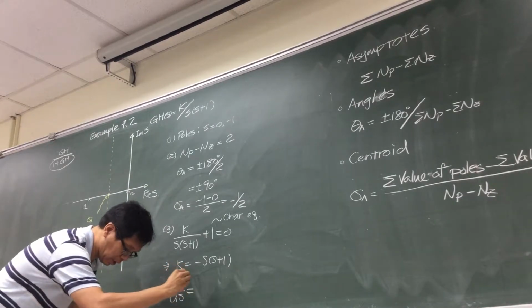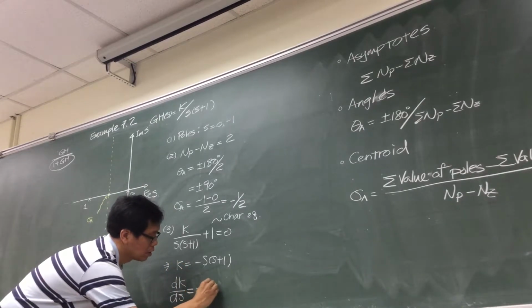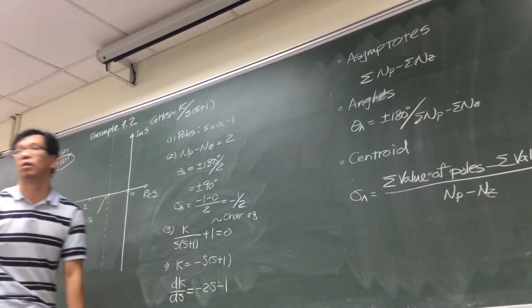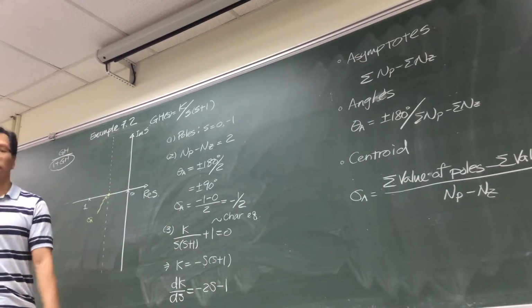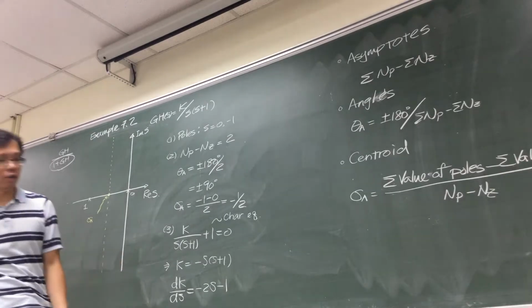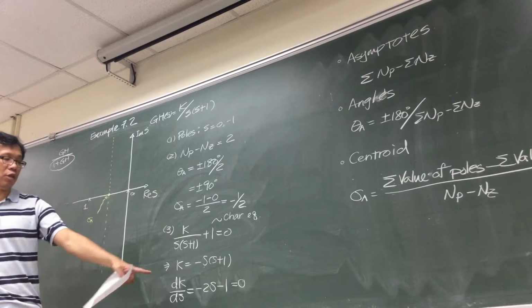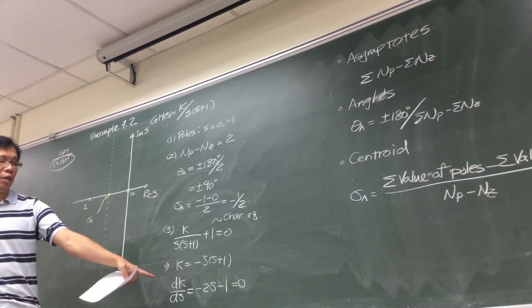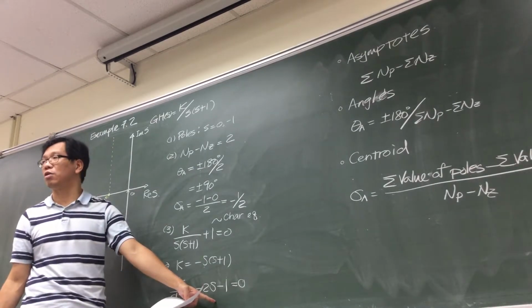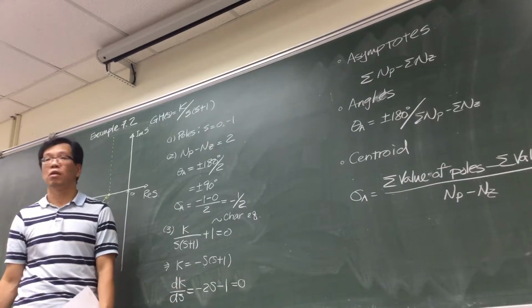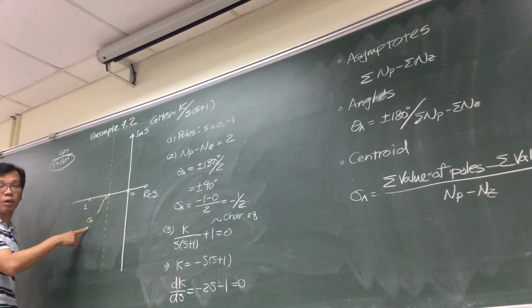That is going to give me negative 2s minus 1. What I need to do is to equalize this equation as 0. So can you tell me what is the answer for this equation? Negative 1/2, right? So it's going to be overlapped together with the centroid.